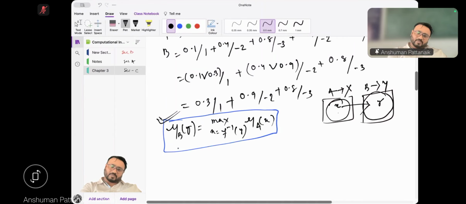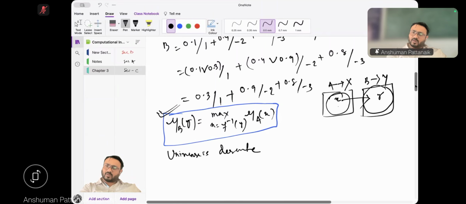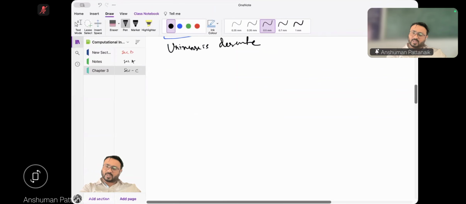But for what kind of question? Where the universe is discrete. What about if my universe is continuous? Continuous space कैसे करेंगे?